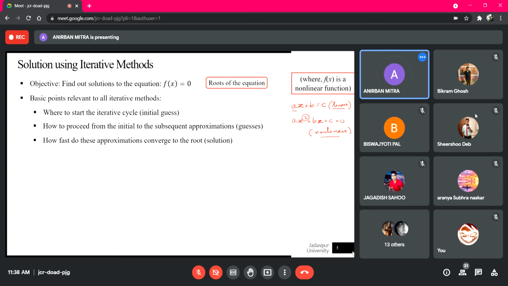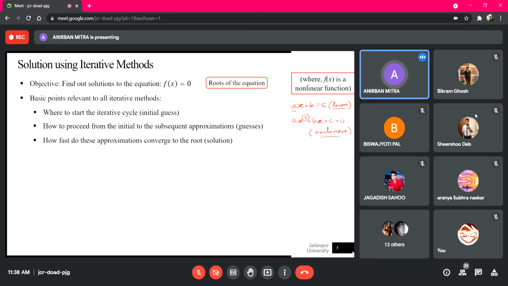Next is, how fast do these approximations converge to the solution? How many iterations are going to be there, how many number of times those sequence of steps are to be repeated. Is it 10 times, 100 times, or 1,000 times?